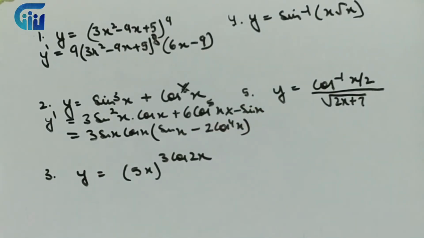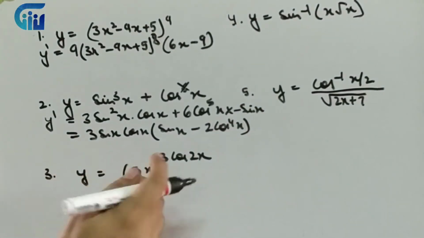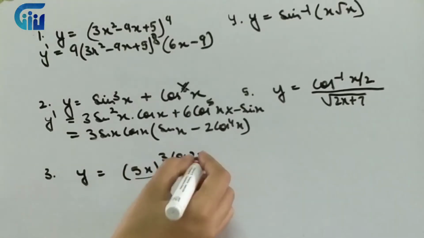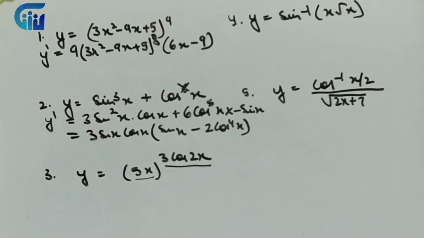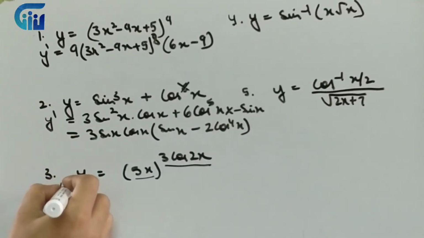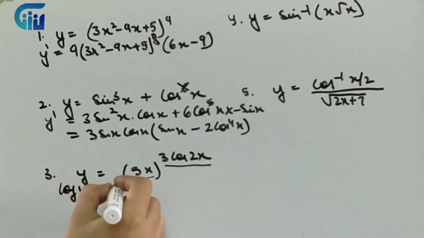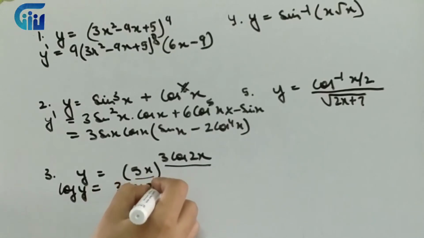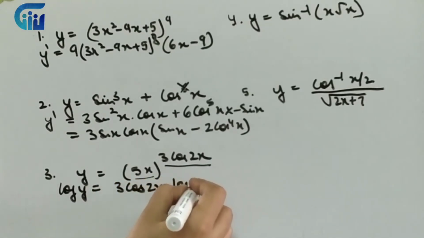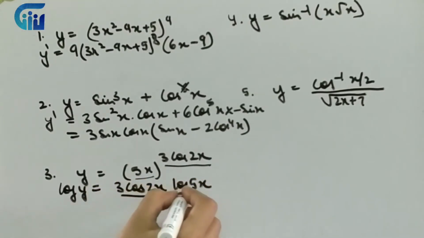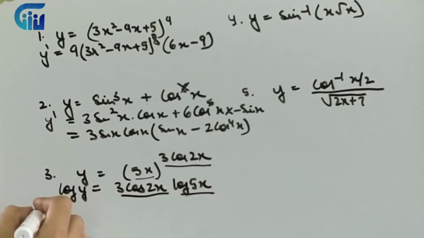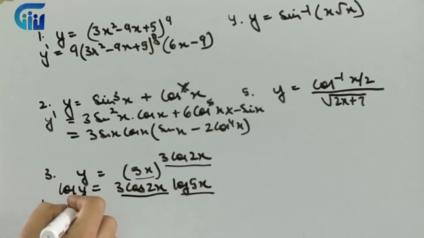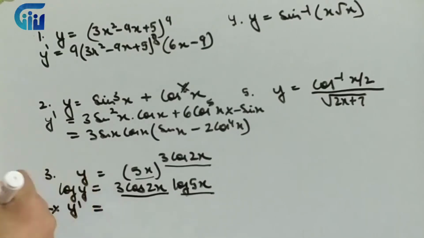Then when we move on to question number 3, just observe y is equal to a function, and the power is also a function. So when a function has a power as a function, what do we do? We apply log. So we will take log of both the sides. So log y is equal to 3 cos 2x log of 5x. So over here we have to use the product rule. If we differentiate log y, it is 1 upon y times y dash, dy by dx.